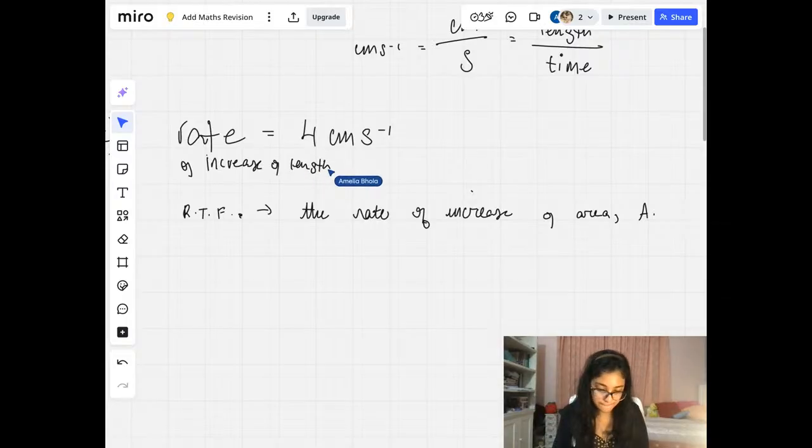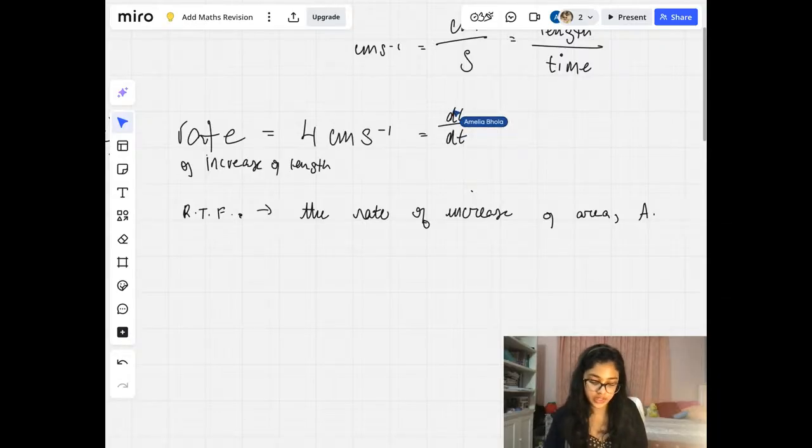So let's call the length L, and I'm going to call this dL dt. As soon as you see the word rate, the rate of change, it's always with respect to time. Like the acceleration of an object is the rate of change of velocity with respect to time. It's always something with respect to time.